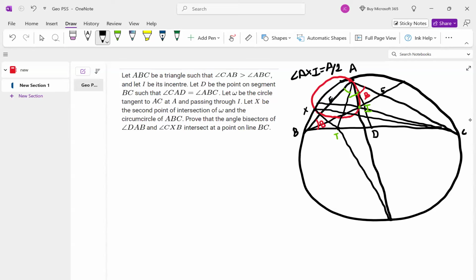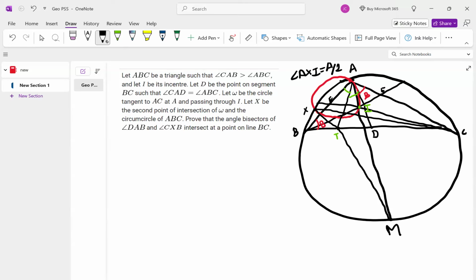Is angle AXI equal to angle MXC and angle MXB? Yeah, that should be true because all those angles are A/2. What did he just ask?